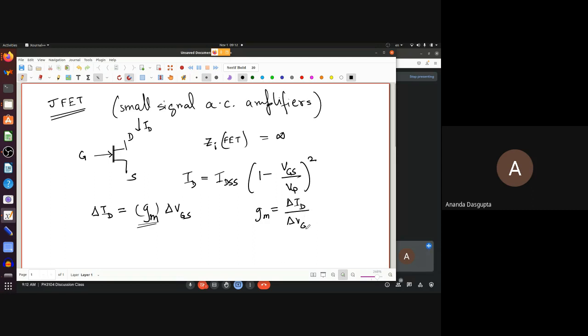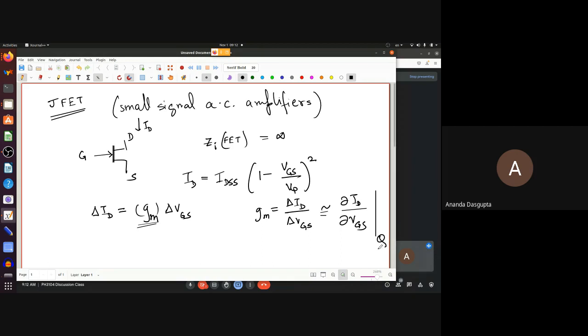But in most cases, we will pretend that VGS changes slightly enough that replacing this with the partial derivative is not going to be too bad an approximation. So you expect the change in the output current to be this quantity GM into delta VGS, and GM is given by this partial derivative, of course, evaluated at the DC value of the current, at the quiescent point.